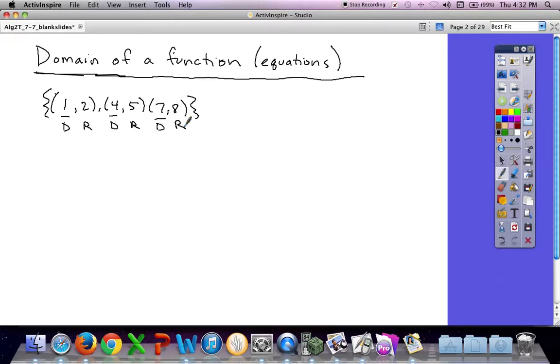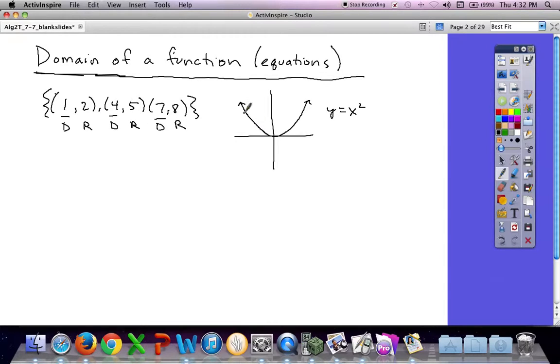But when you have a function, right, a function like, let me just say this is a parabola, which is y equals x squared. I mean, the graph of the parabola is made up of infinitely many ordered pairs.